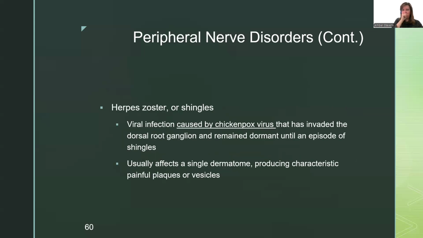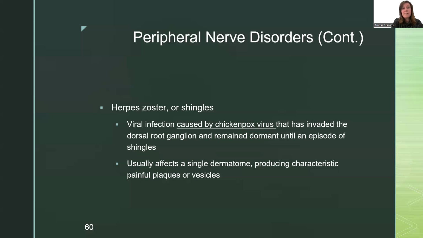So herpes zoster is caused by the varicella zoster virus, which is the chickenpox virus. What has usually happened is it has invaded the dorsal root ganglion and remained dormant until an episode of shingles, and then that activates it.